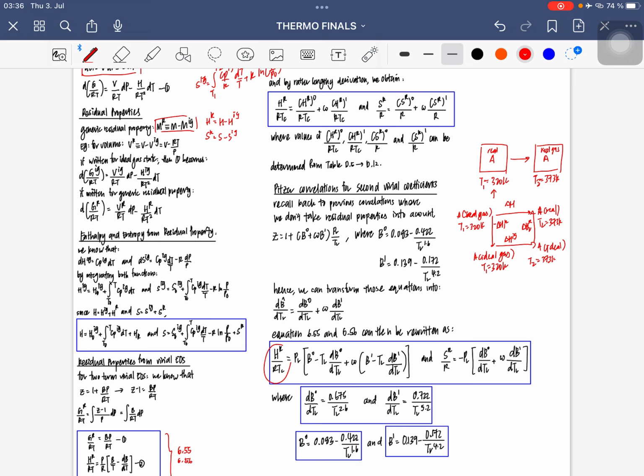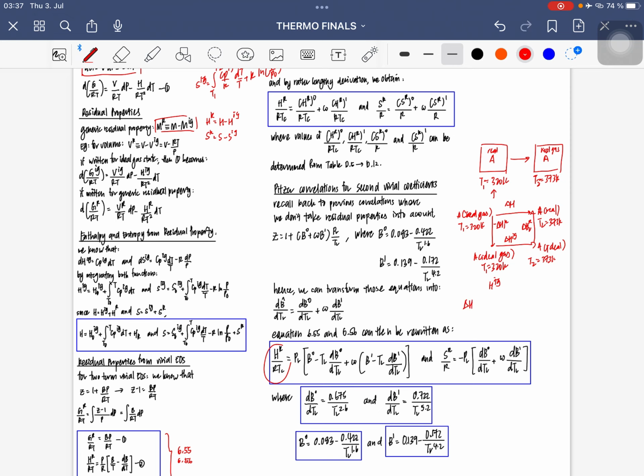Next, since from state 2 to state 3 is ideal, both are ideal, so now you can find the change in temperature, which is just HIG from before. And then how do we want to know the real enthalpy when we change from ideal to real? By using the same thing, from this equation.